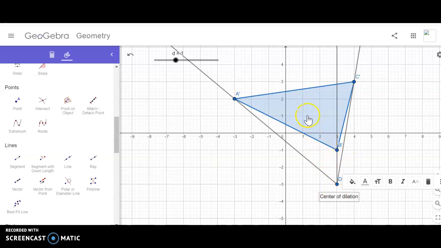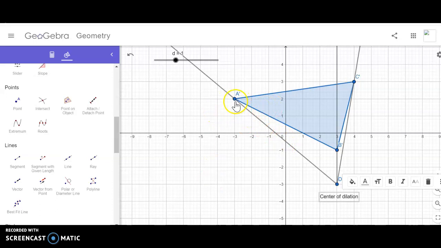One thing you're going to be asked to do on the coordinate plane is find the new coordinates for A prime, B prime, and C prime with a scale factor of 1/2. I can do that just by counting. If I want it to be 1/2, I count the X, count the Y from here, and I know it's going to be half the distance along here.